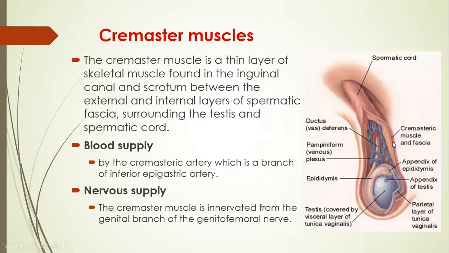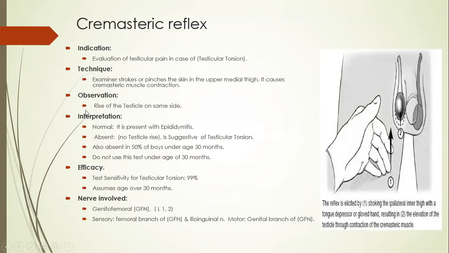So here is the cremaster muscle. Whenever it contracts, it will pull the testis upwards. So what does the interpretation say? Normally it is present. When it is absent, with no testicular rise, it suggests testicular torsion.